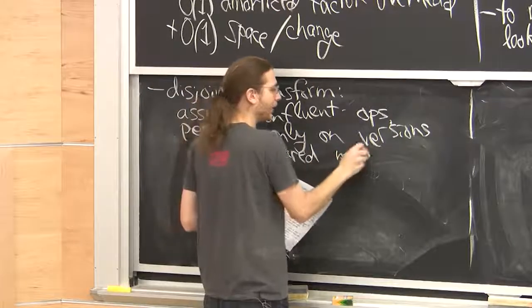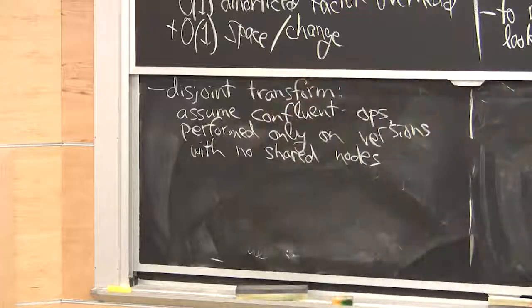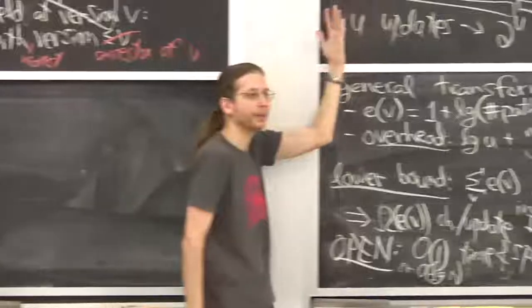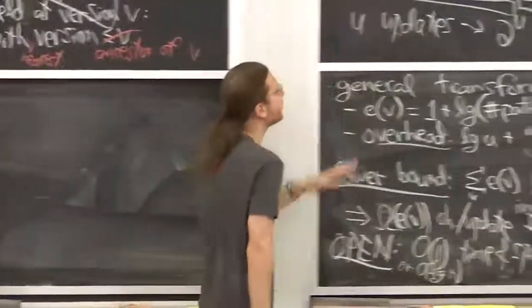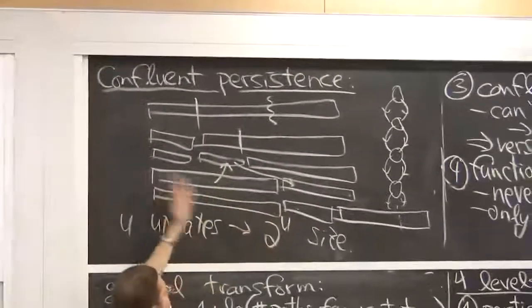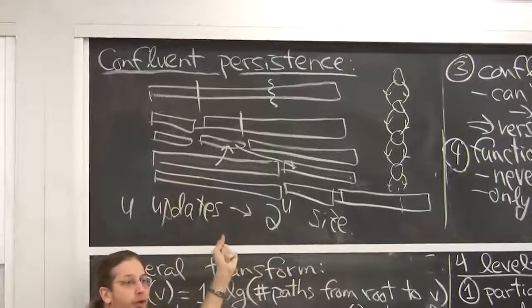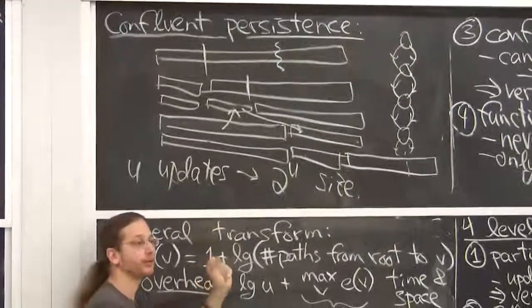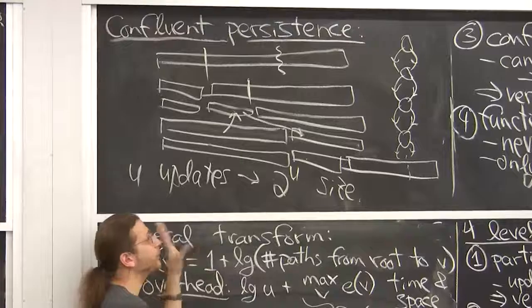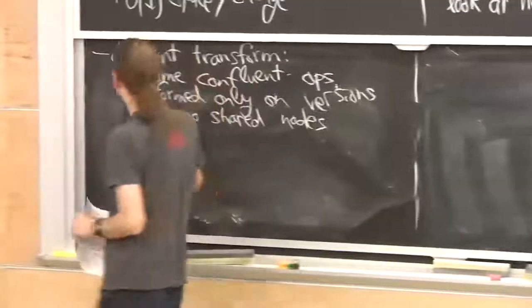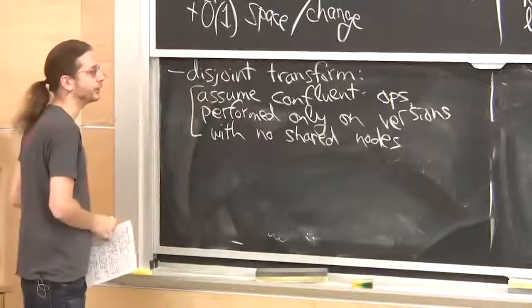Okay, this would be a way to forbid this kind of behavior where I concatenate the data structure with itself. All the nodes are common. If I guarantee that maybe I slice this up, slice it, dice it, whatever, and then remerge them in some other order, but I never use two copies of the same piece, that would be a valid confluent operation over here. So this is quite a strong restriction that you're not allowed.